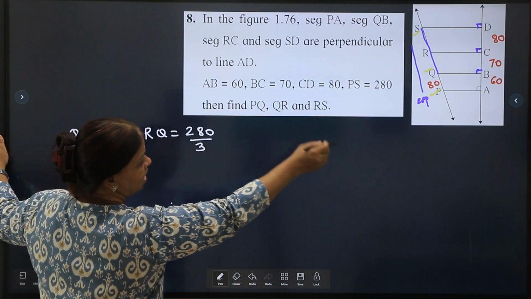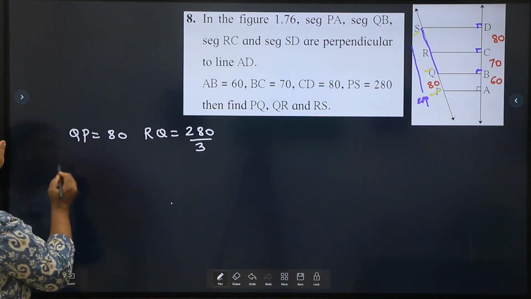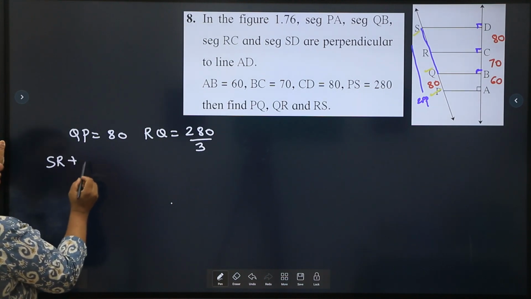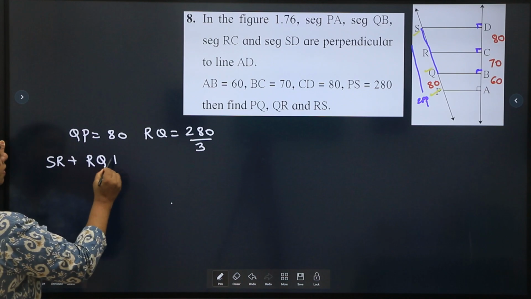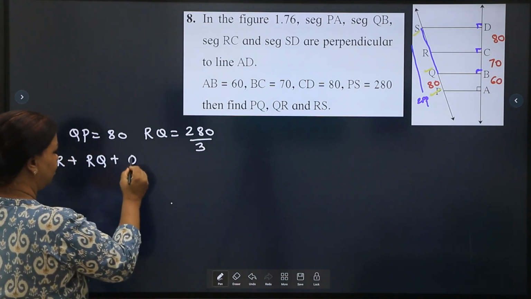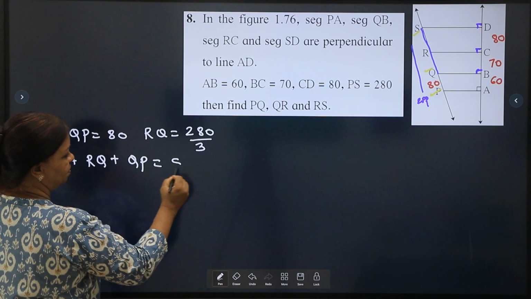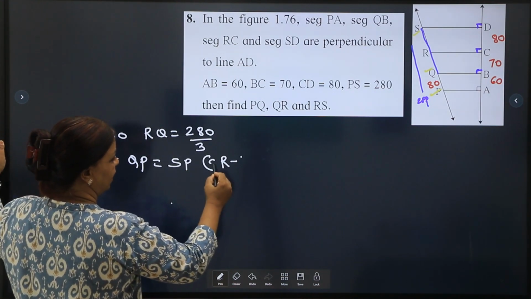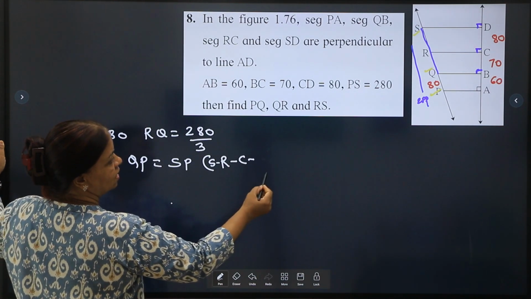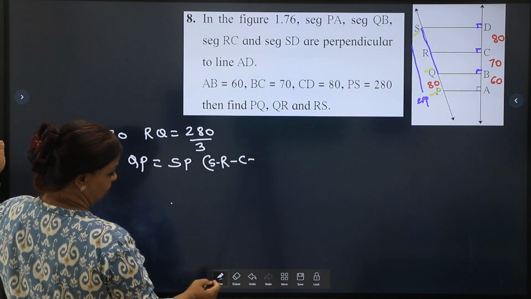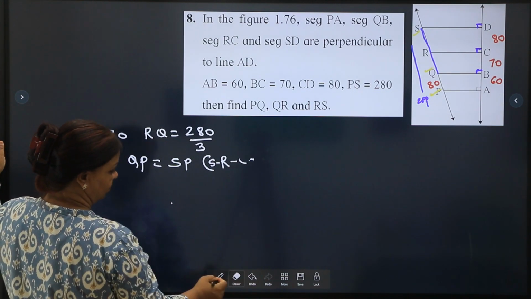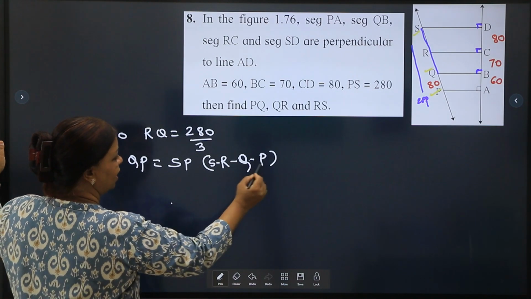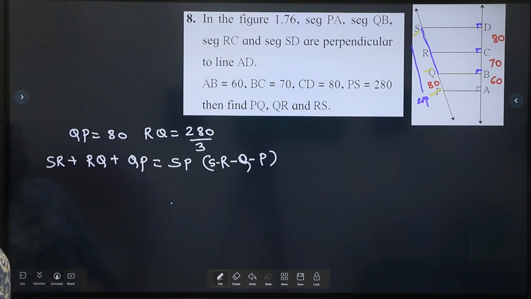As S, R, Q, P are in one line, I can take SR plus RQ plus QP, which is equal to SP. And why can I take that? SRQP are in one line. This shows that they are in one line.